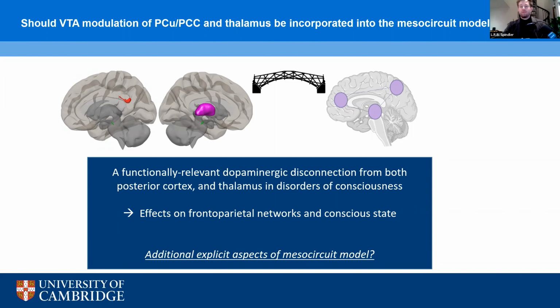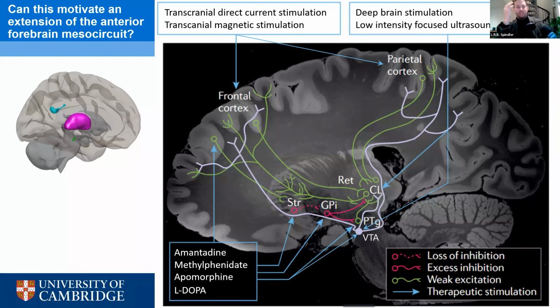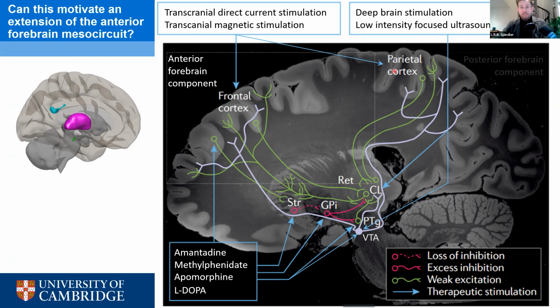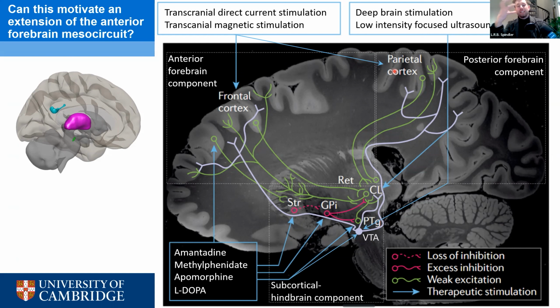Is it possible that we should be extending the anterior forebrain mesocircuit to also include, I'm trying to get my pointer here, the ventral tegmental area as an active player, both of modulating frontal, so anterior forebrain components of the mesocircuit, but equally so an explicit posterior forebrain component in the form of the precuneus and posterior cingulate, and to really appreciate the fact that there is a subcortical hindbrain component that may directly have a rate-limiting function for how well the rest can operate.